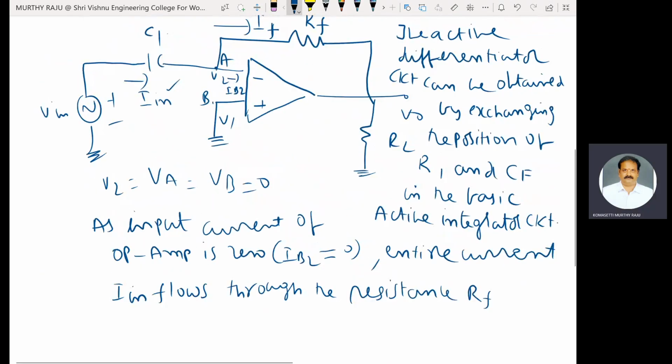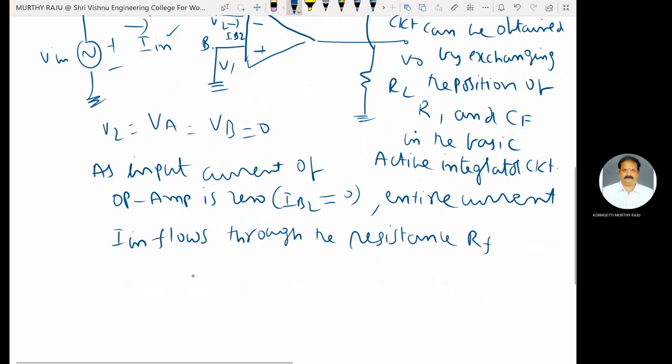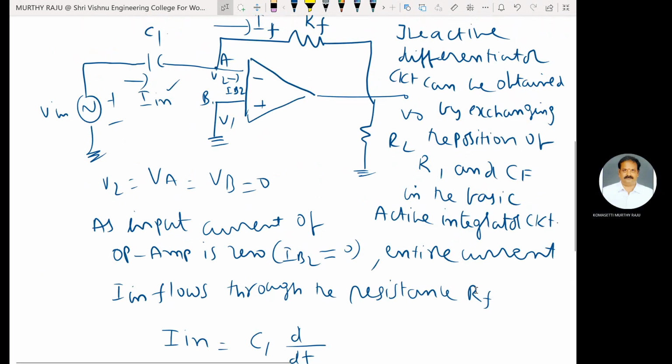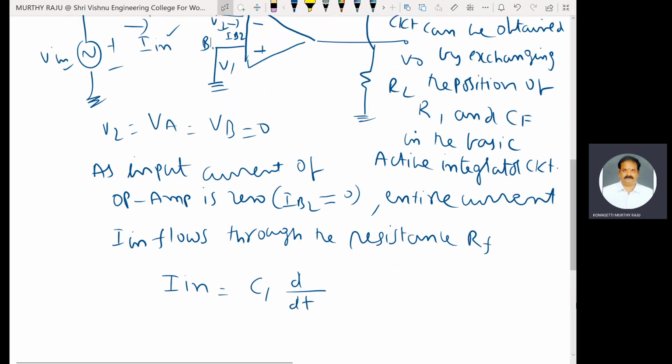According to this, input current Iin is equal to C1 d by dt of (Vin minus V2).